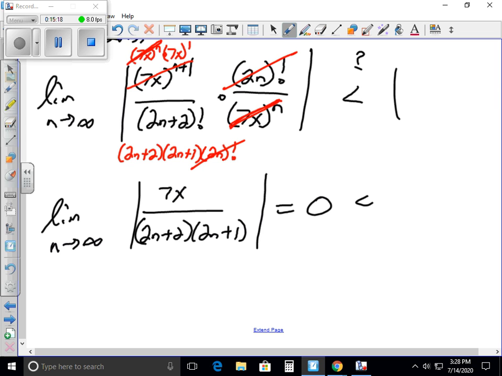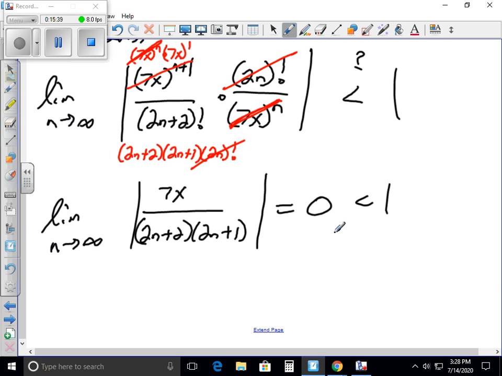Well, 0 is always less than 1. When we take the limit of this as n goes to infinity, since the numerator is considered a constant and the denominator has n, since that denominator is going to infinity, this fraction is going to 0.